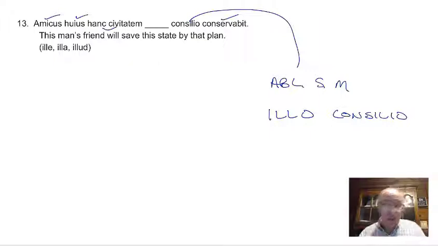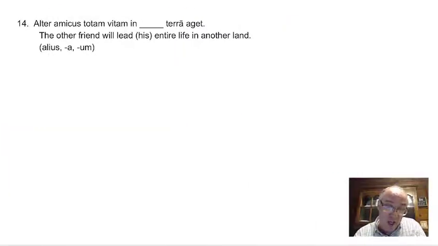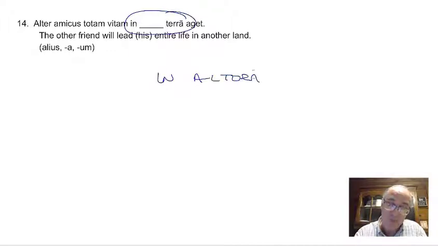And if you don't get it, then just understand that at least the genitive and dative are funky. That's it. The other friend will live his entire life in another land, in alia terra. Why am I so confident in just putting this alia terra?